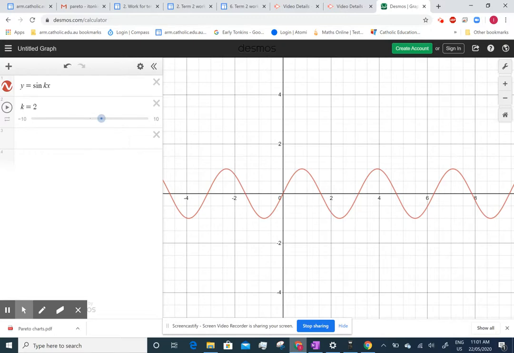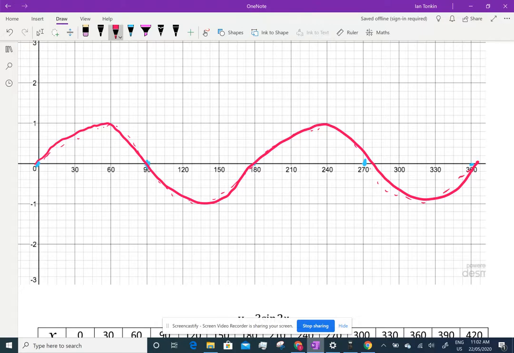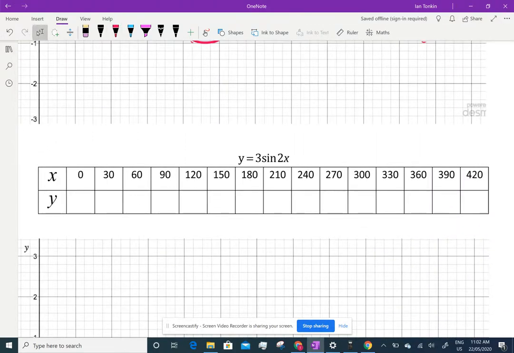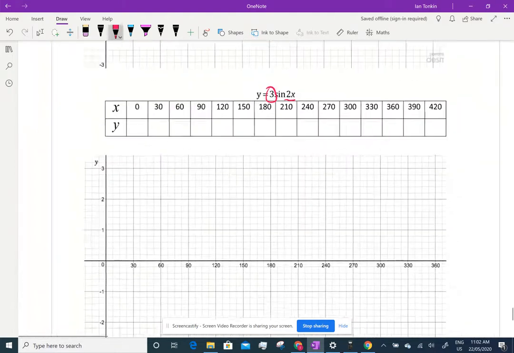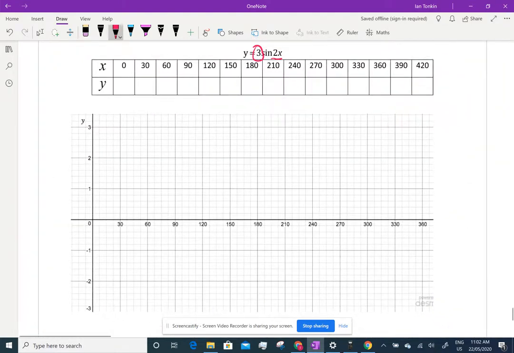Now, what about that? What has gone on there? Now, again, you can plot points, but remember, this number, what did it do? It stretched it up. And this number squashed it. So let's apply those 2 things.